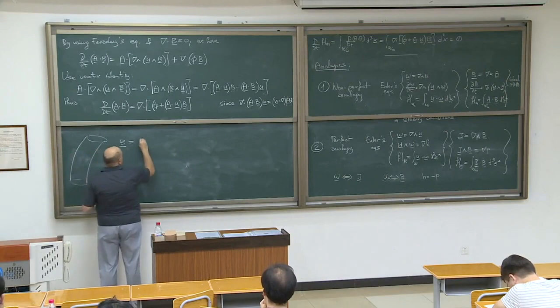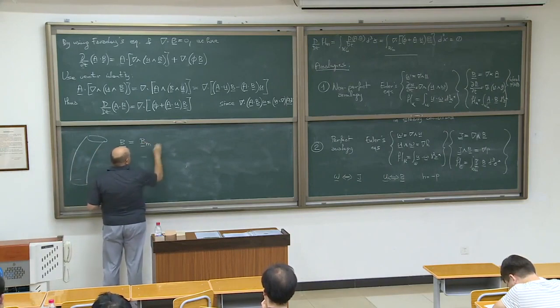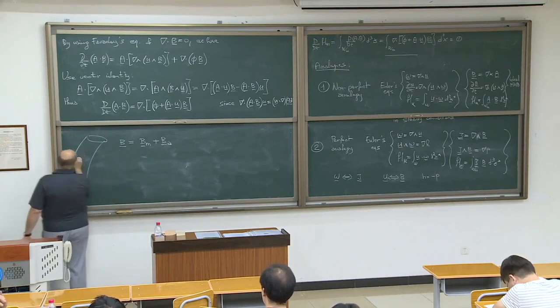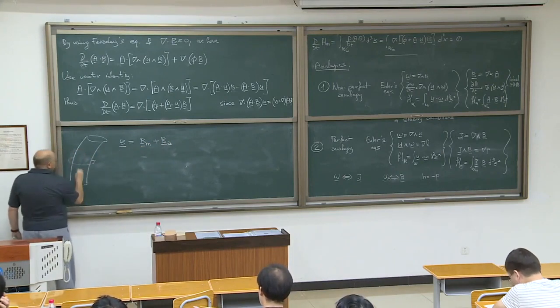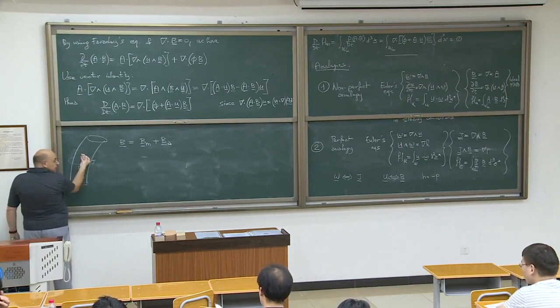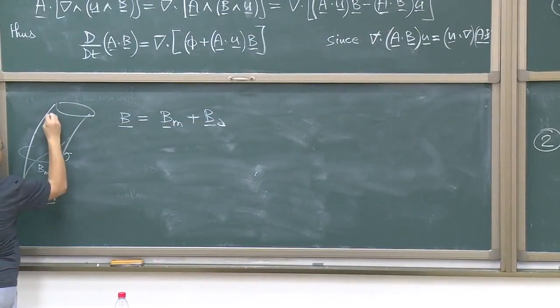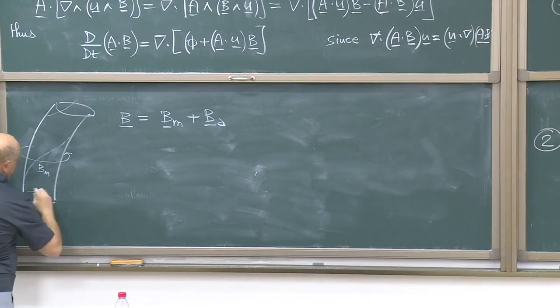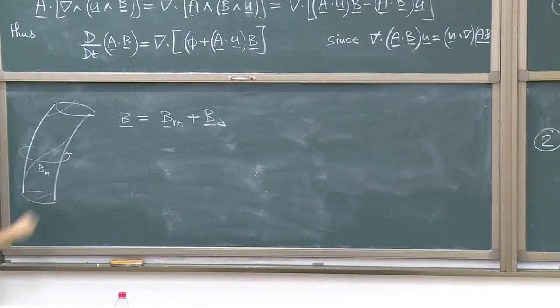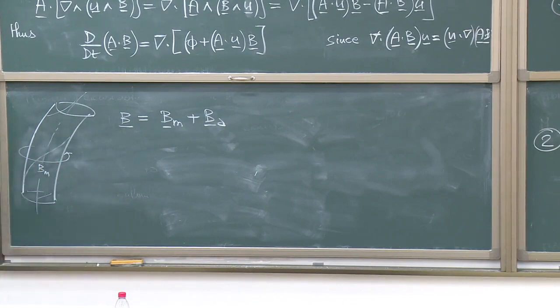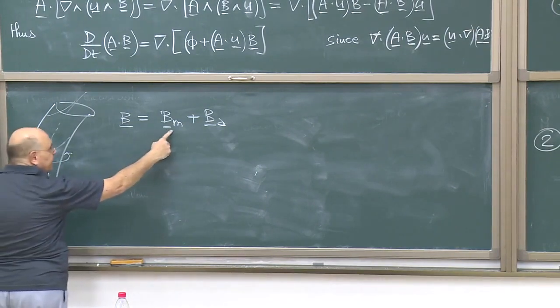First of all, I will decompose this field into two elements. One is a contribution from Bm inside, so the field lines would wind up around the central line, and this is due to Bm.